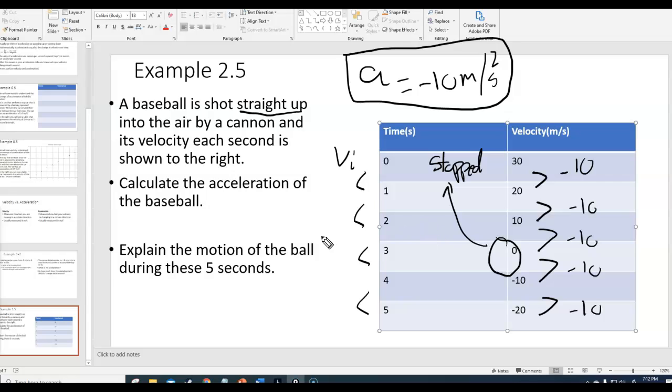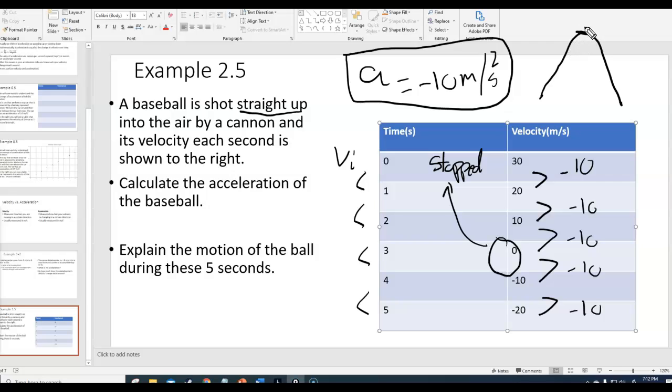So how would you explain the motion of the ball during these 5 seconds? Well, the baseball went up, it slowed down, it stopped, and then it went back down again. Here's where it starts. As it goes up, it slows down, slows down.